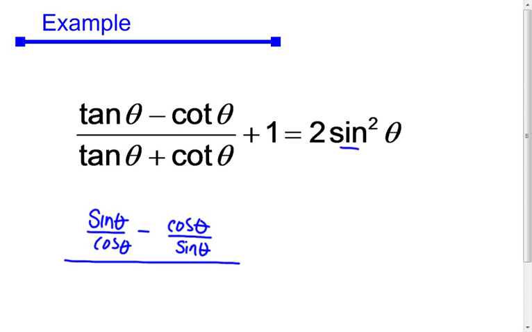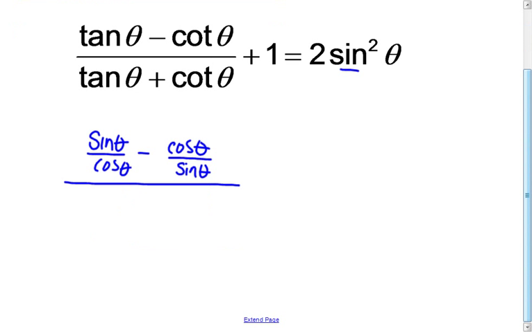And I'm going to do the same thing on the bottom here. Okay, and then I can't forget about this plus 1 that's back here. All right, now I've got fractions within fractions, which is ugly, and I need to get some common denominators here.